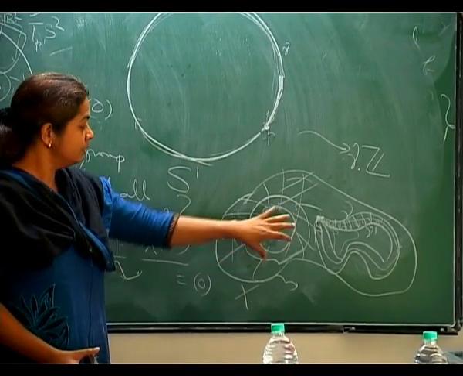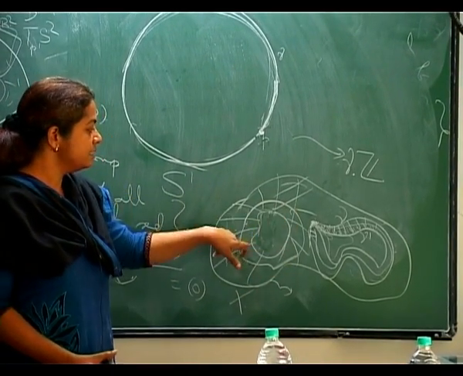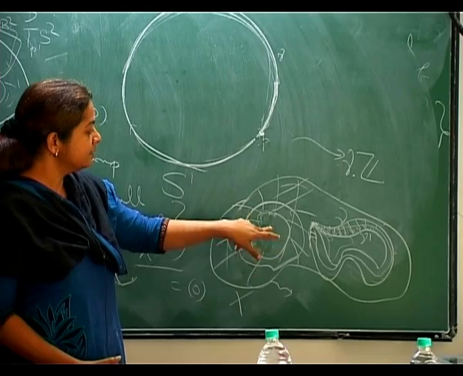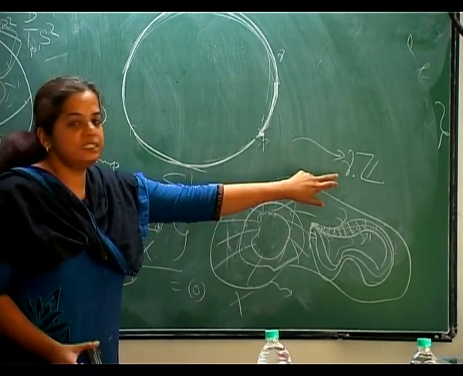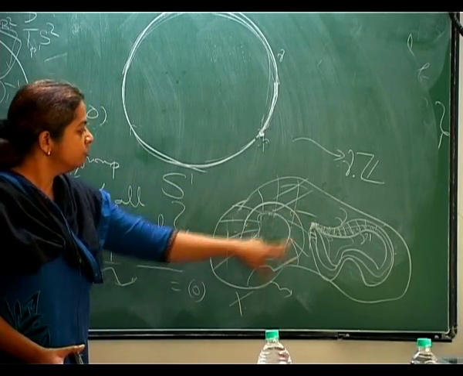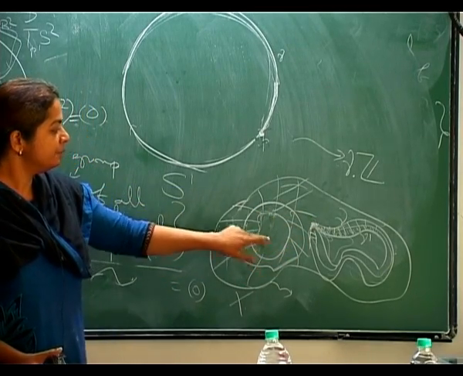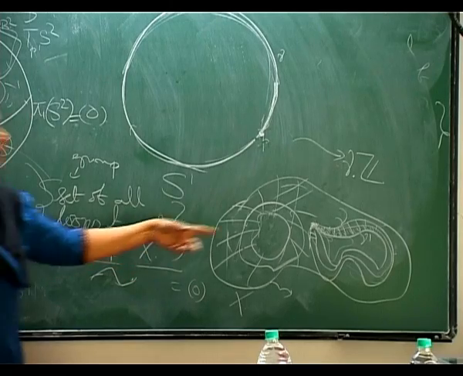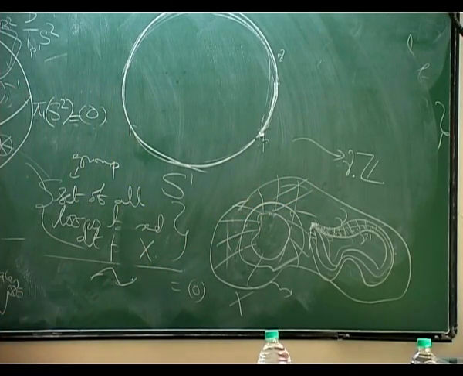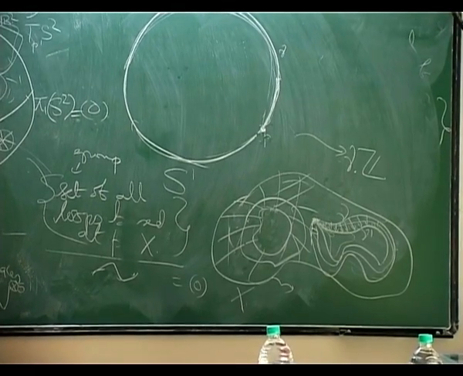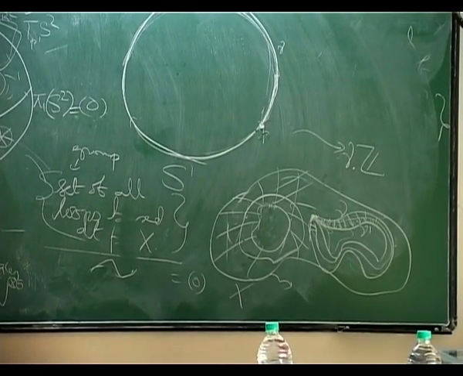So such loops exist, and one can check that the pi 1 of this space where this area is removed is still going to be Z, because the loops which go around this empty space qualify to be elements in this quotient here. Okay, so this is what the fundamental group captures.